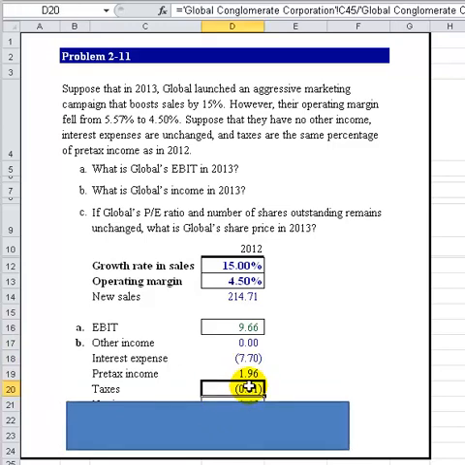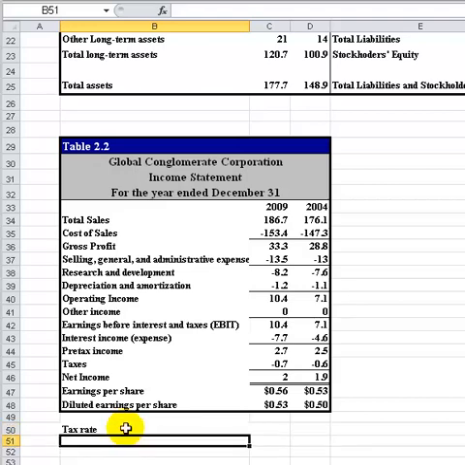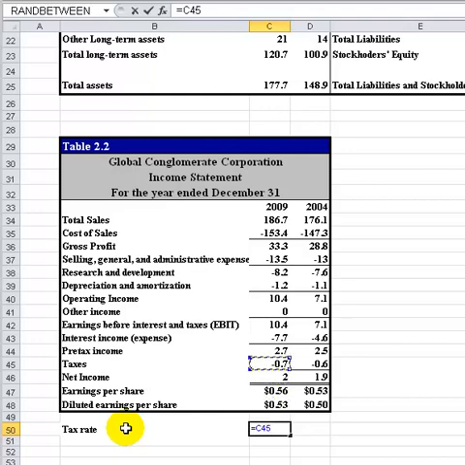Taxes remain at the same tax rate. Well, we've got to go find the tax rate, so let's go look at it. Now we could calculate the tax rate if we wanted to, and I'll just do it right here. They actually did it in the formula, but we'll do it this way. We'll take taxes, which is 0.7, and divide it by pre-tax income.